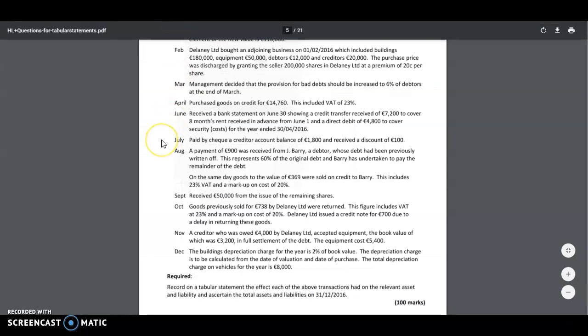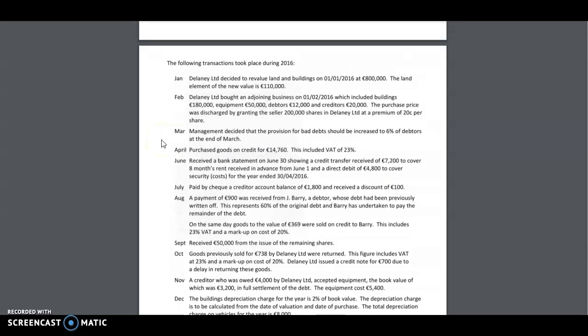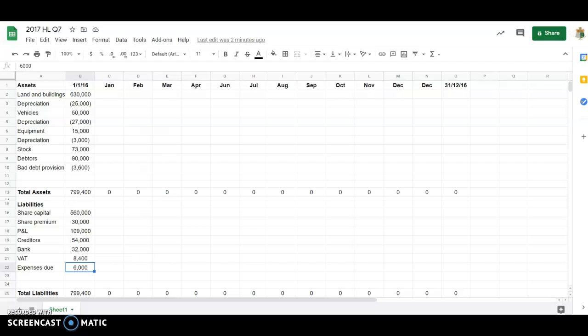January: Delaney decided to revalue land and buildings on the 1st of January at €800,000. The land element of the new value is 110,000. That land element will come in later when we're doing depreciation. We don't need it for this transaction in January, but I'm revaluing my land and buildings at 800.